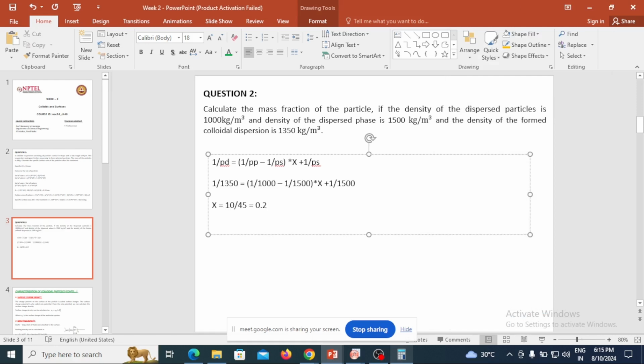So the mass fraction of the particle in the dispersed phase is 0.22.